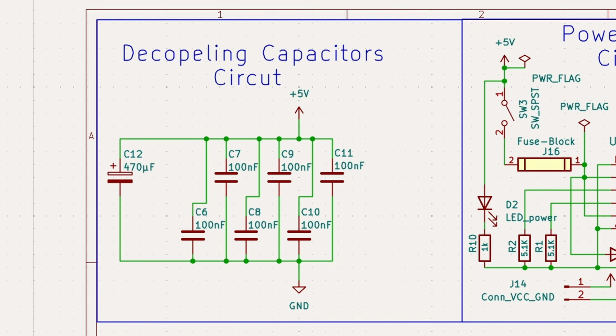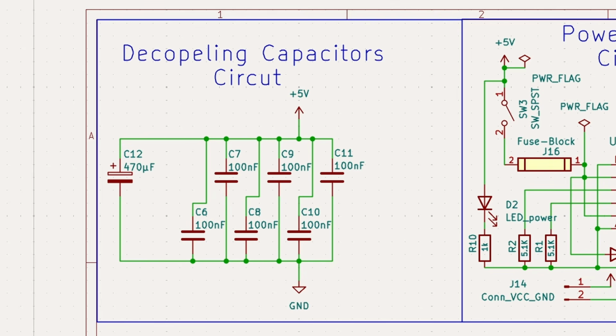I'll be honest and say that I don't yet fully understand all of the details of the theory behind why they are so important. But when virtually every experienced electronics designer says, "Don't forget to add the decoupling capacitors," it seems wise to listen to them.